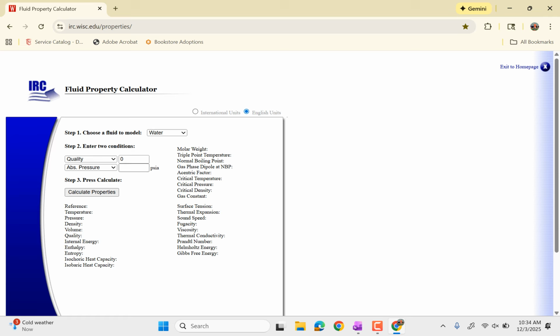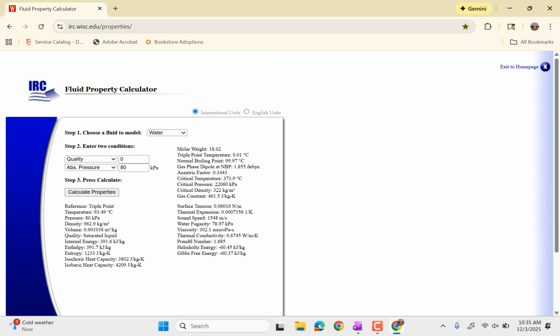And the pressure is, we want international units, so kilopascals, that is 0.08 megapascals, so 80 kilopascals, I think. And you can see the specific volume. I said, if you want to save a few seconds, you can use 0.001 for liquid water. This says, okay, it's not quite that, it's 0.001038.